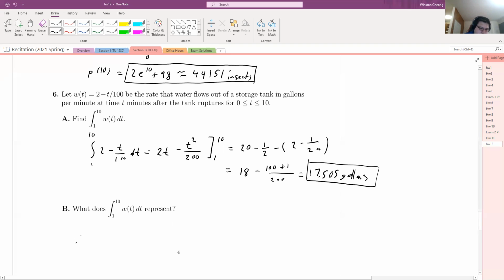So we just write that out: this is the amount of water that flowed out from minute 1 to minute 10. Okay.